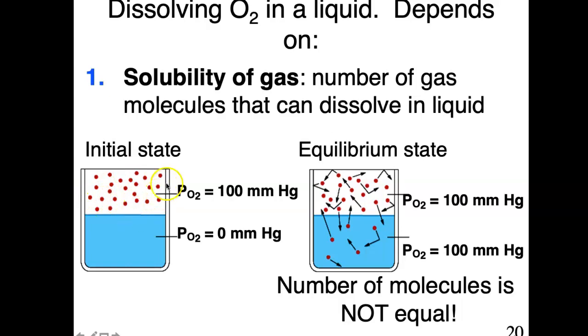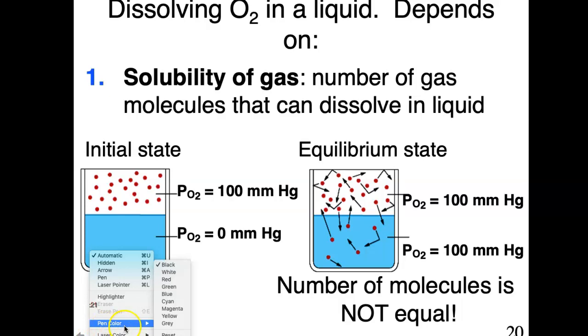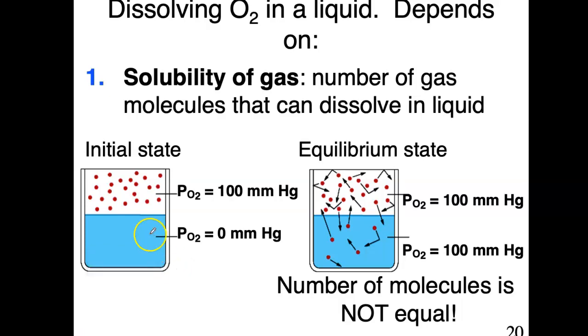Here there's fluid, so it's exerting pressure. It wants to go in all directions, and some of it is going to come and it's going to enter into this fluid. Then some are going to come back out, some are going to enter again. So if you start out at the initial state here, and that initial state is 0, right?